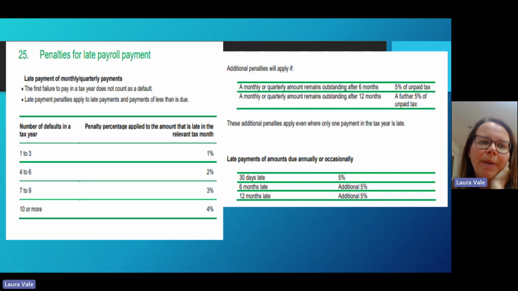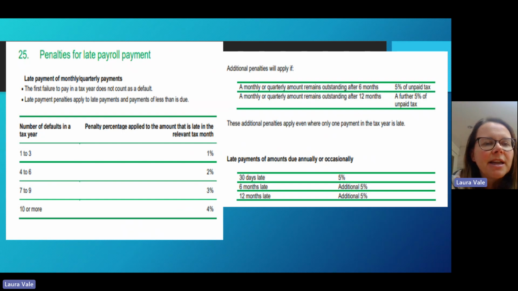We then come on to penalties if we pay late. So we've earlier had a look at penalties for late submission or inaccuracies, and these are now penalties for late payroll payment. Or we also had penalties for failure to keep records. There's quite a lot of penalties floating around, like the World Cup.